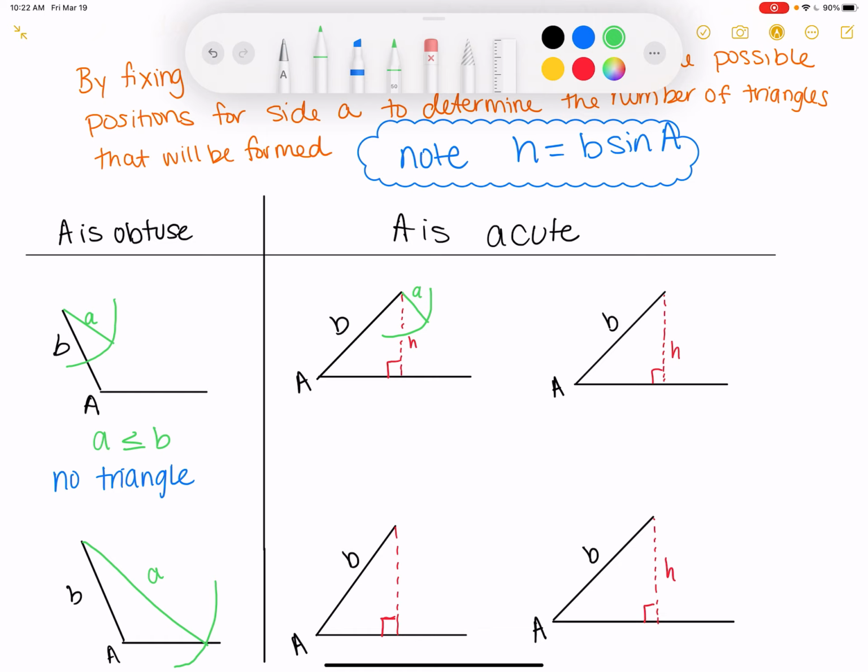So if we do the math, in this case, H would be greater than A. When we're looking, that's what you're going to be finding: is H going to be greater than, equal to, or less than these different values? That will help you decide how many triangles we have.